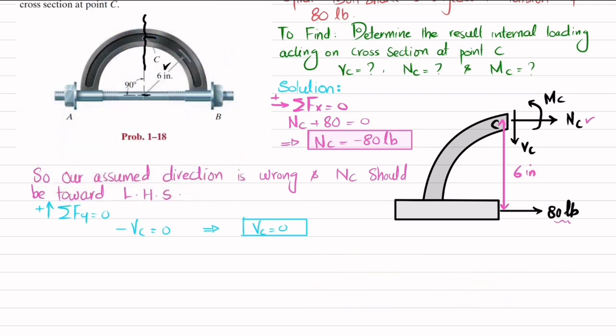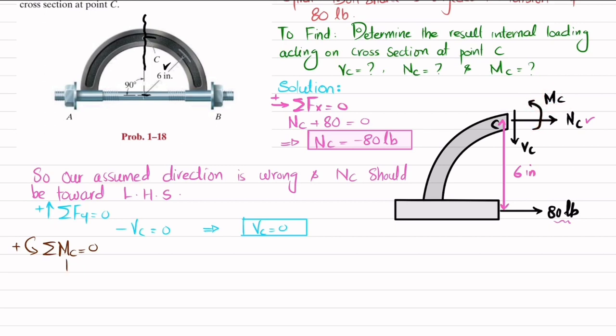Now we will use the third equation of equilibrium, that is the sum of all moments about point C is equal to 0, taking the counterclockwise moment as positive. So about point C, these forces NC and VC are not producing any moment because they are passing through this point. We have a reaction moment which is MC, that is counterclockwise.